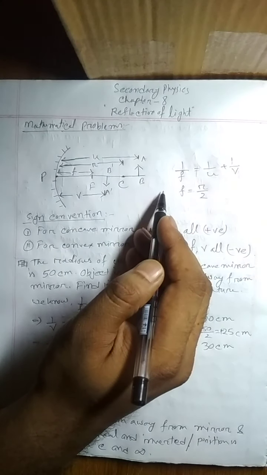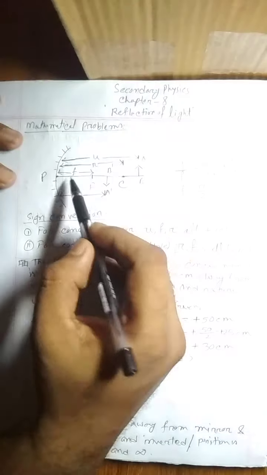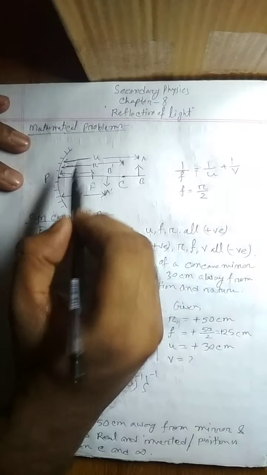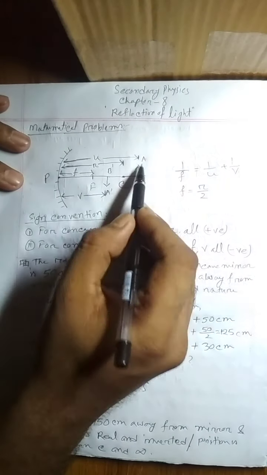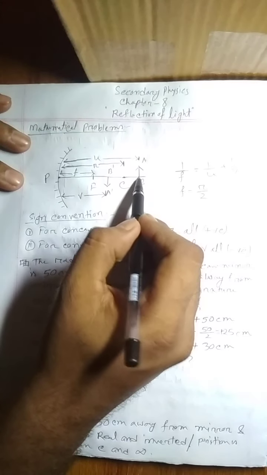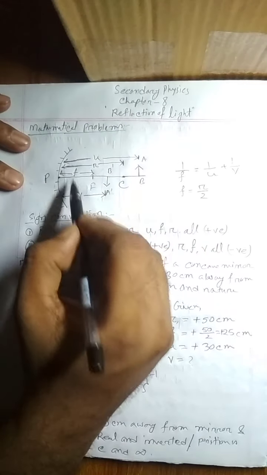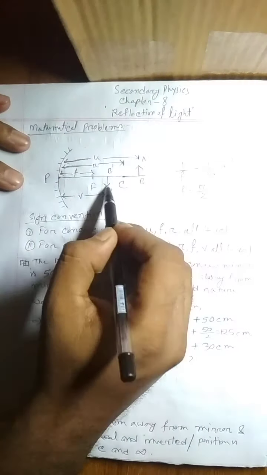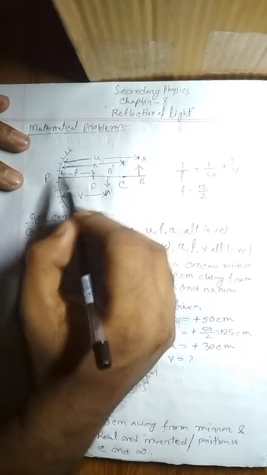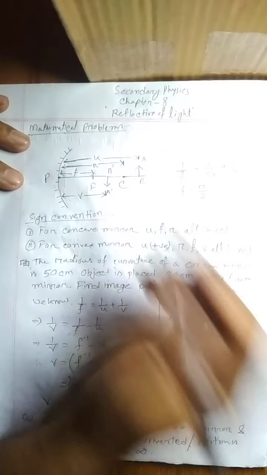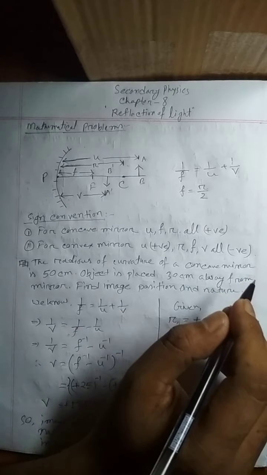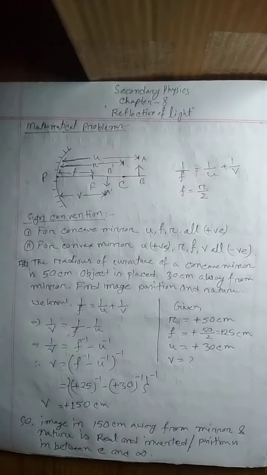That's what we learned in the previous class. What is u, what is v, and what is f? U means the distance of object from mirror, v means distance of image from mirror, f is focal length, r means radius of curvature, and then we came to our sign convention issue.